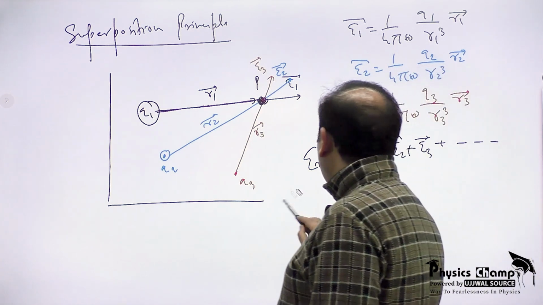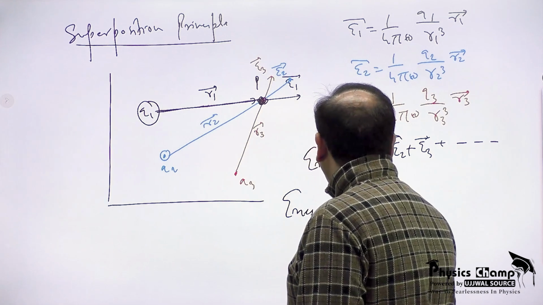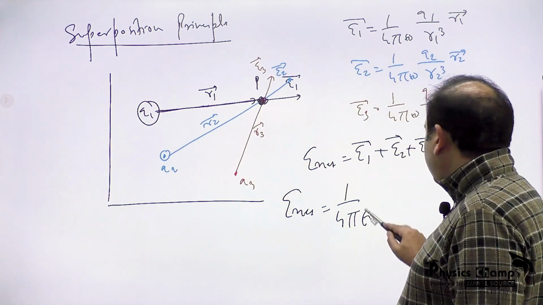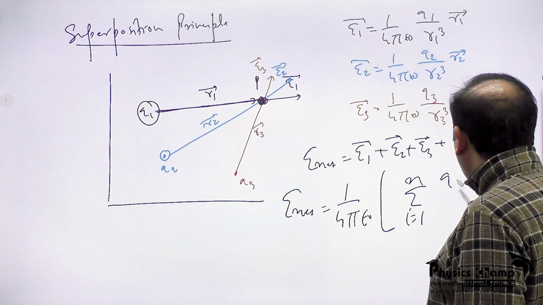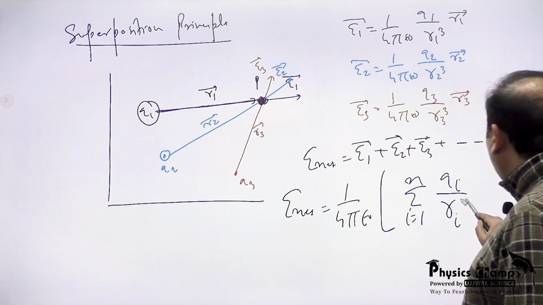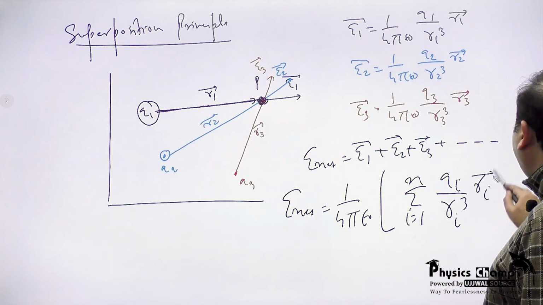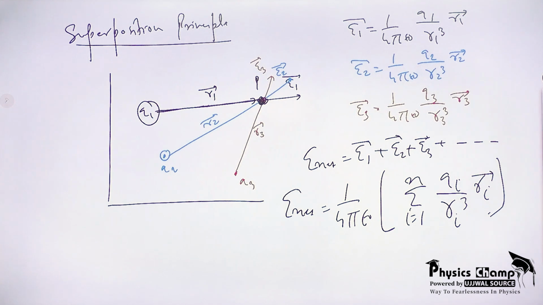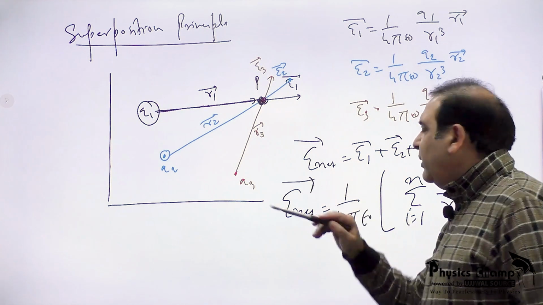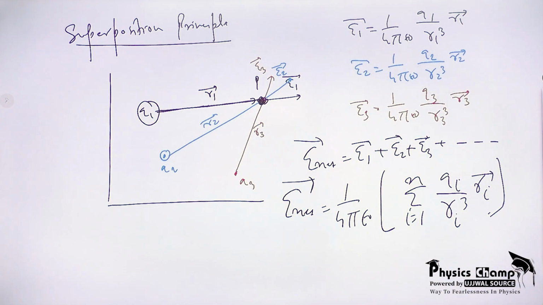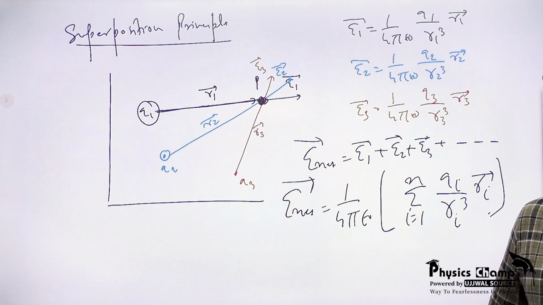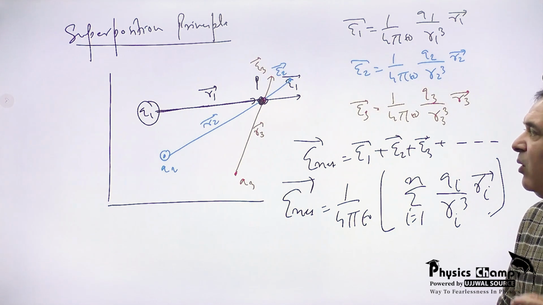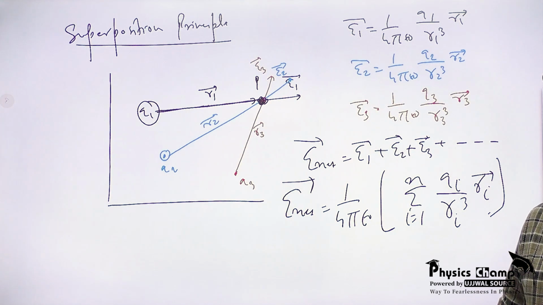So as a whole, I can say the net electric field is 1 by 4 pi epsilon naught sigma i equals 1 to n, qi by ri cube into ri vector, and this is the net electric field at point P. So the superposition principle of electric field is the same as in Coulomb's law: the net electric field at point P is the vector sum of all the electric fields acting at point P.